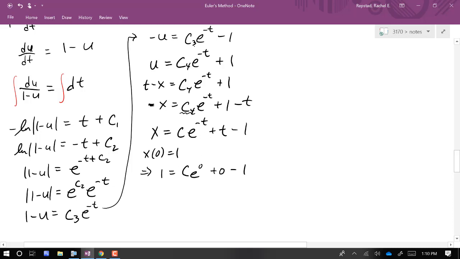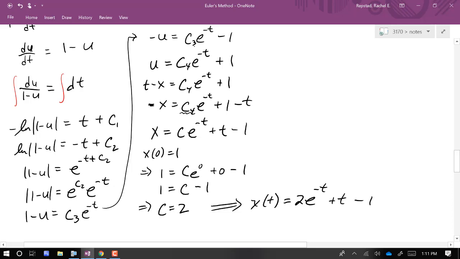And that means that, let's see, e to the 0 is 1, so we have c minus 1. This means that c is equal to 2. And so that gives us our exact solution, x of t equals 2e to the negative t plus t minus 1. So there's exact.